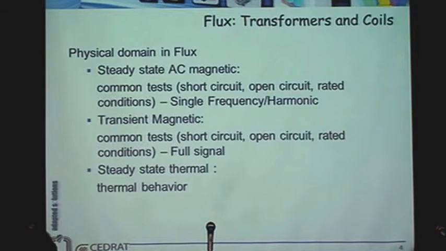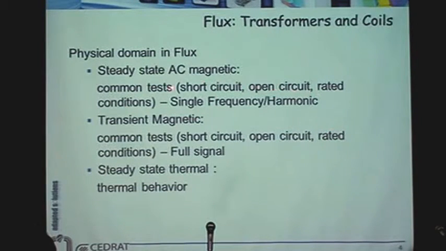It still works, because when we're trying to approximate energy or things like this, we'll be able to do a very good computation. But if we're looking at the local variation of the flux density through the cycle, then a very accurate description can only be obtained in transient magnetic. So the tests, again, are short circuit, open circuit, rated condition. As I said, it's for a single frequency.